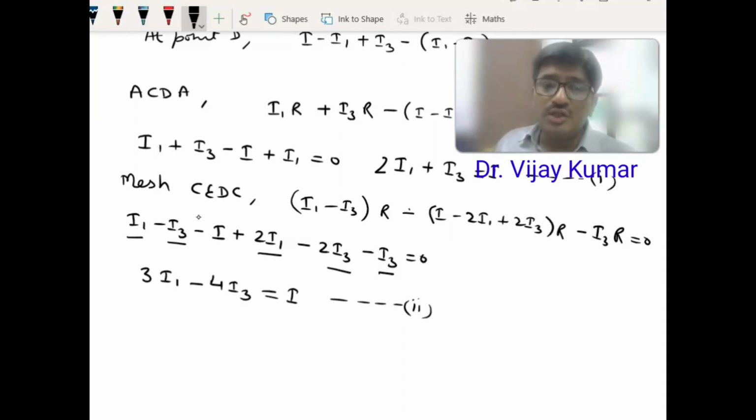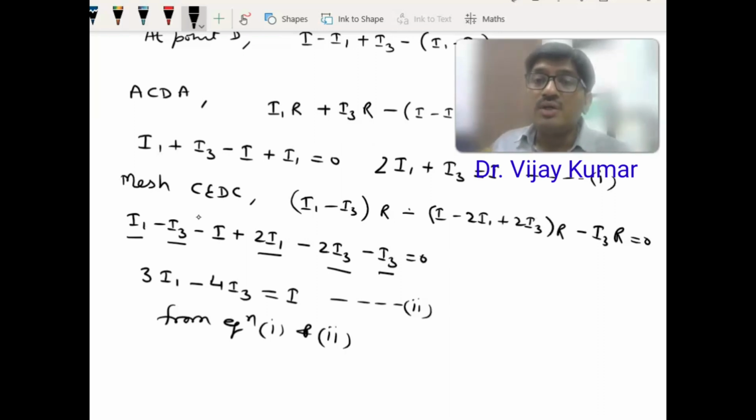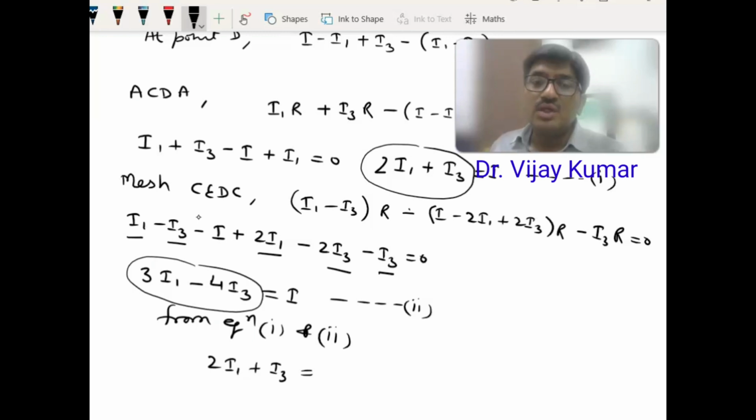Now if we equate equations 1 and 2, from 1 it is 2I1 plus I3, I equals 2I1 plus I3, which should be equal to 3I1 minus 4I3.